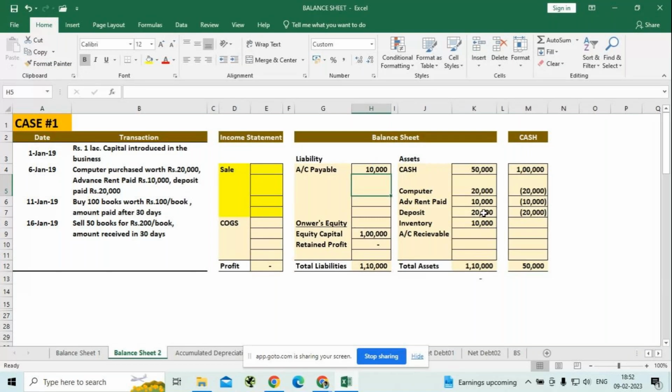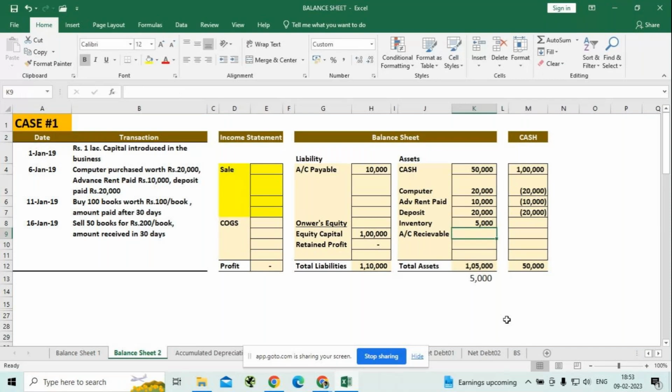Now at the same time there is a sale of 50 books for rupees 200 per book. So when I say that there is a sale, the inventory gets reduced. How much? Minus 50 books, which is worth 100 each.